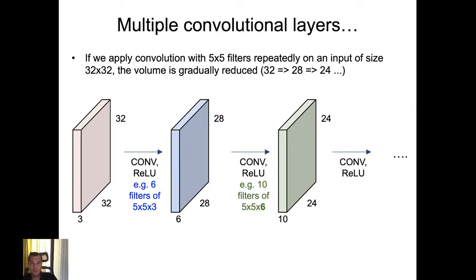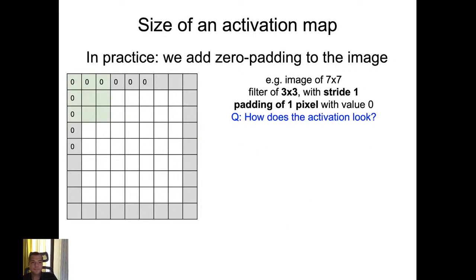If you reduce the spatial dimension too soon, you will not be able to use very deep neural models. So you will have a limitation in terms of the number of filters that you can use in your network. In order to avoid this limitation and to have better control of the spatial reduction, we use zero padding on the input, which also allows us to use the stride that we want.